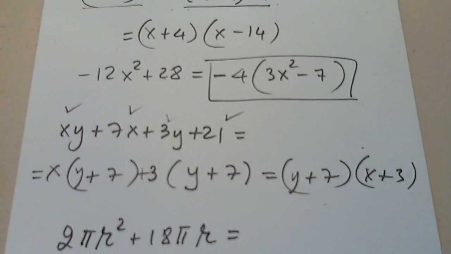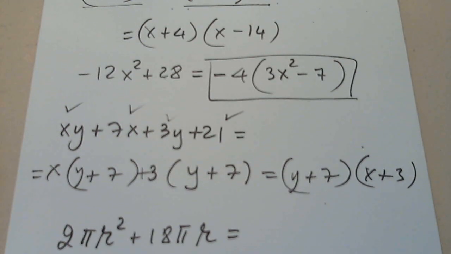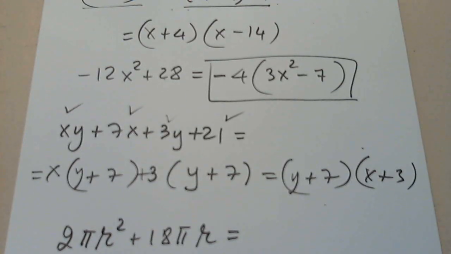Binomial? Very good. So we look at these two terms and let's find what is common to both. And what is common to these two? 2 pi r.